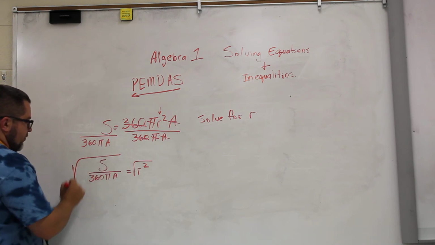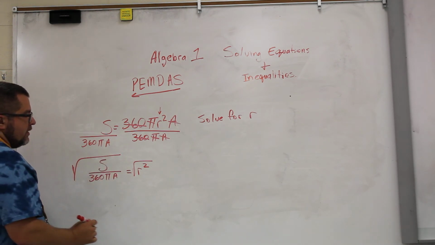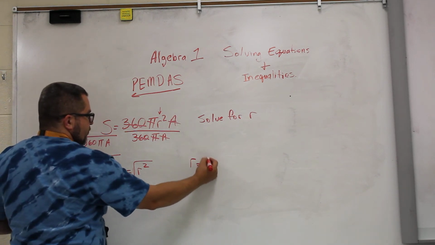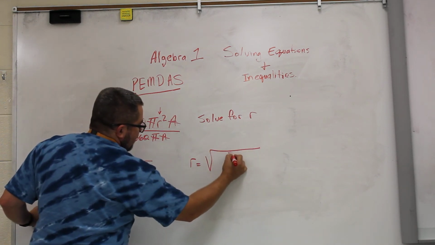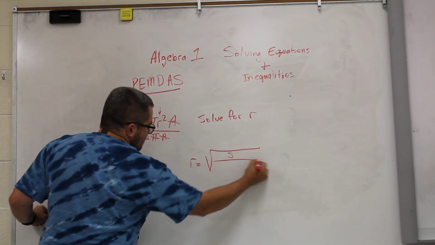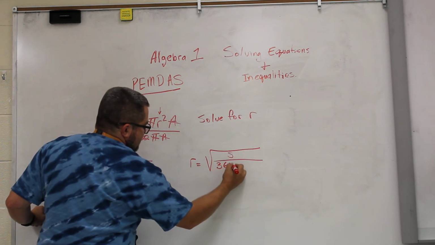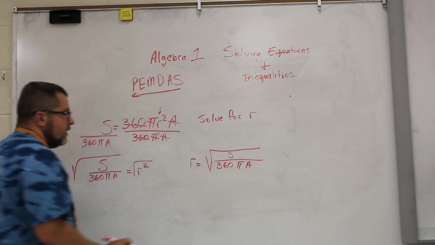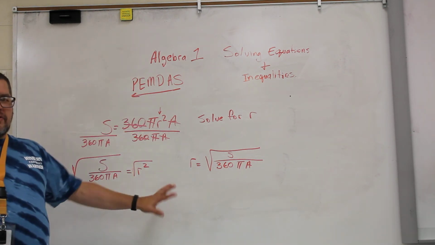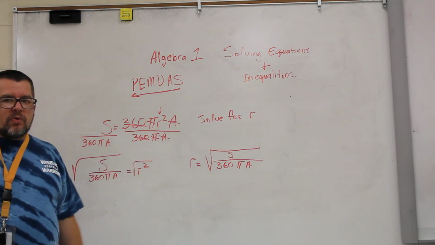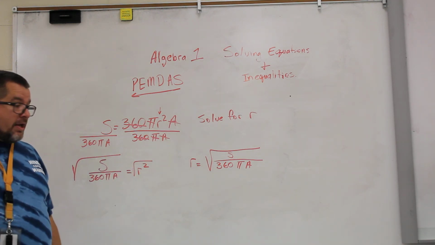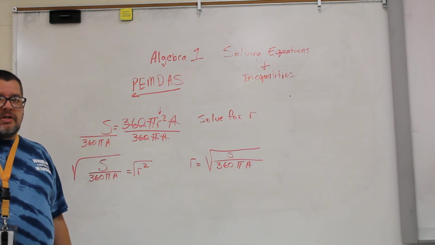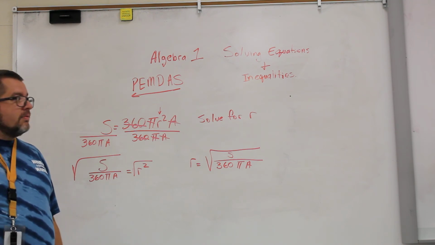So I take the square root of both sides, and so r is equal to the square root of S divided by 360 times pi times A. Eventually we'll get to a spot where we're going to start rationalizing the denominator, but for right now we're just going to leave it like that because the r is by itself.